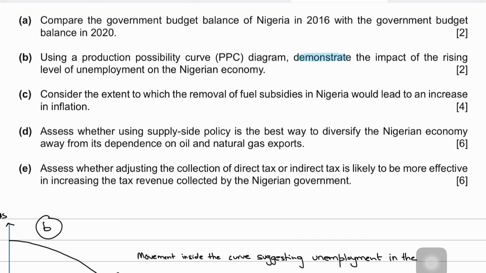And as a result, any substantial increase in fuel prices would proportionately contribute to the elevation in the overall inflation rate, because fuel itself represents a huge expenditure in the basket of goods that are used to compute the inflation itself, right? So this is the actual reason that you need to give. Just saying that cost of production would rise is a simple IGCSE point, and this won't help you score any marks, or not substantial marks, in the exam.